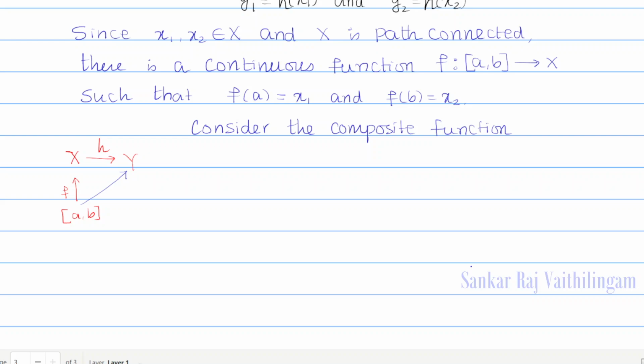This is h composition f: from the closed interval a comma b it goes to X by f, and from X it goes to Y by h.